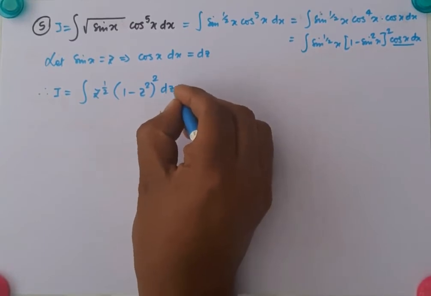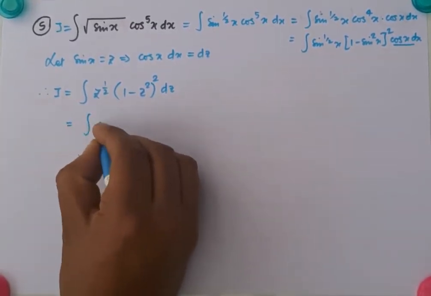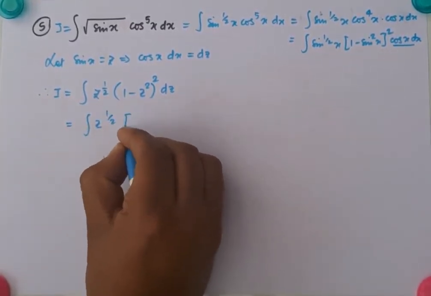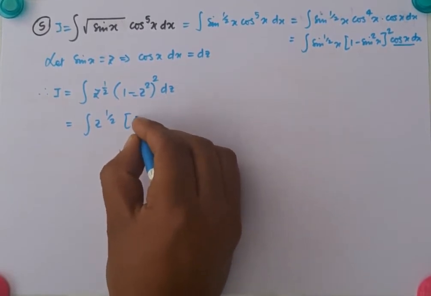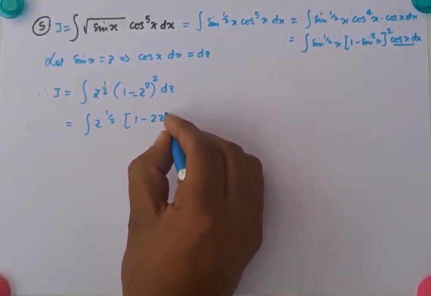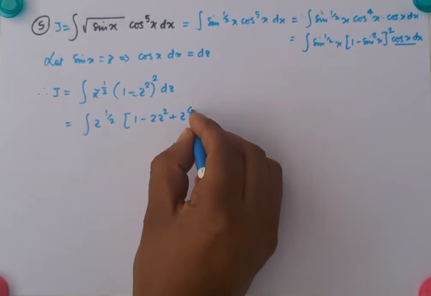cos x dx is dz. Now apply the formula again, so it is z to the power half, and (a minus b) whole square becomes a square minus 2ab plus b square.